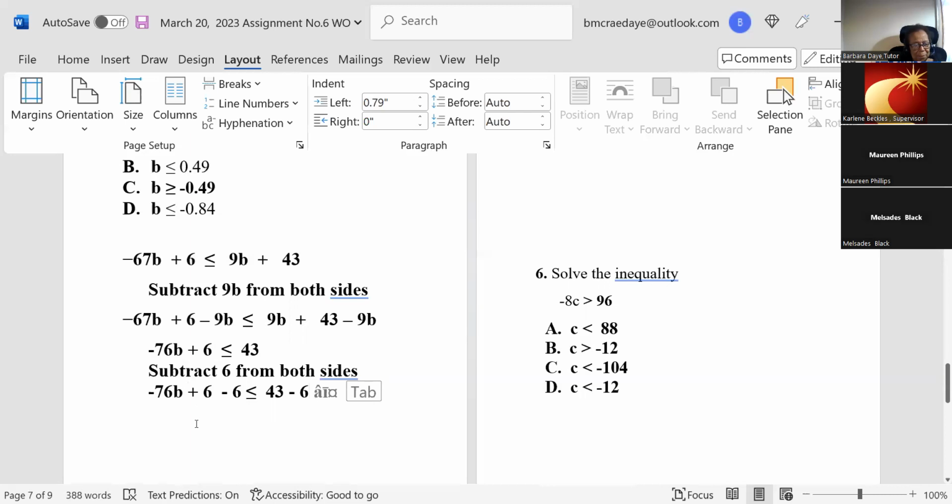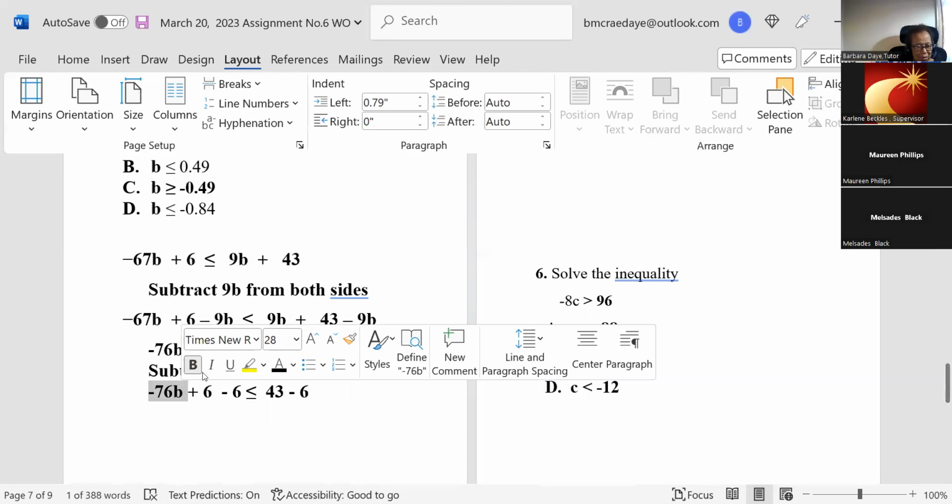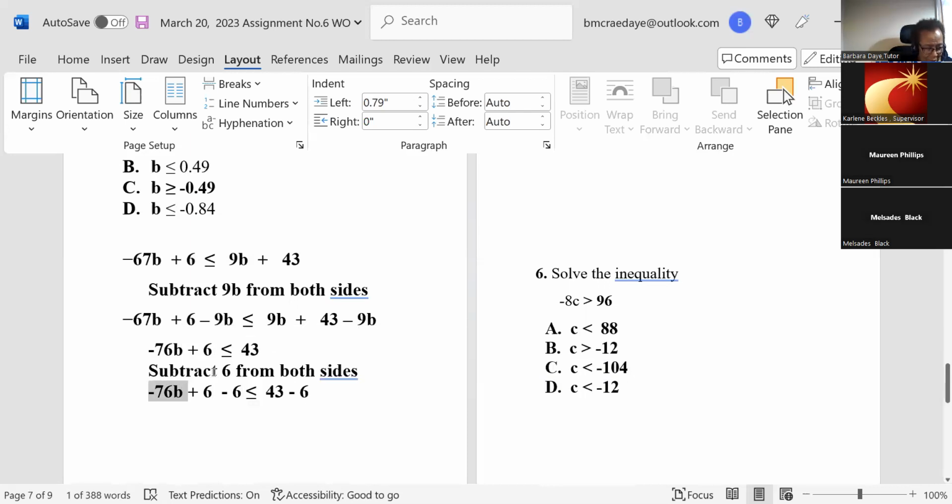Well, that's a minus 76B plus 0. And what do you have on the right side? What's 43 minus 6? 37. Okay, so that would be less than or equal to 37.